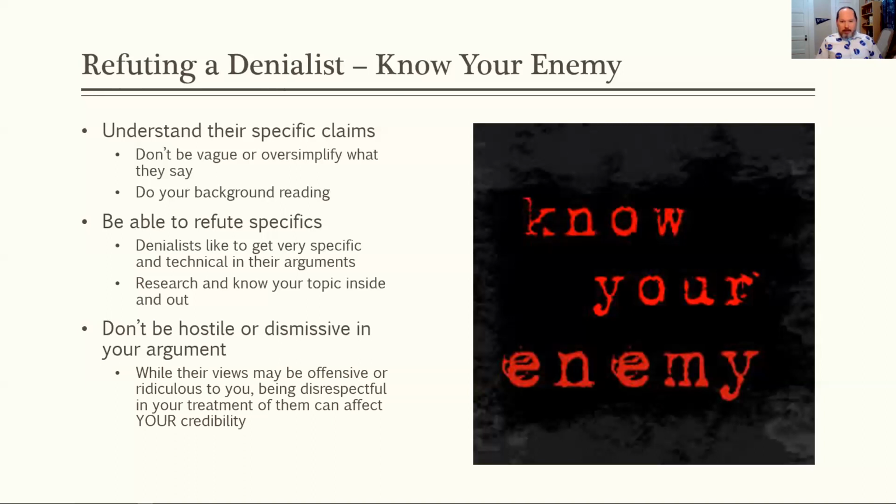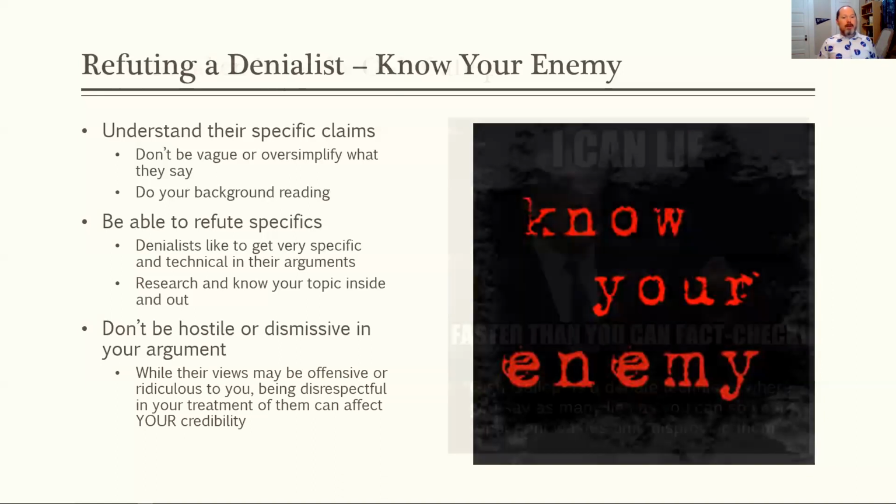Because they're not presenting themselves that way, and you could lose some credibility yourself for being disrespectful to them in your treatment of them. Even if you feel like they deserve no respect, when you're trying to refute an opponent in a debate, you have some modicum of respect in order to maintain your own credibility, right?